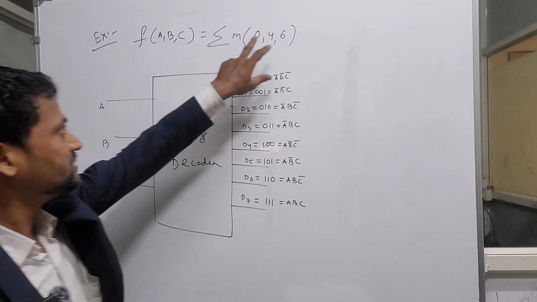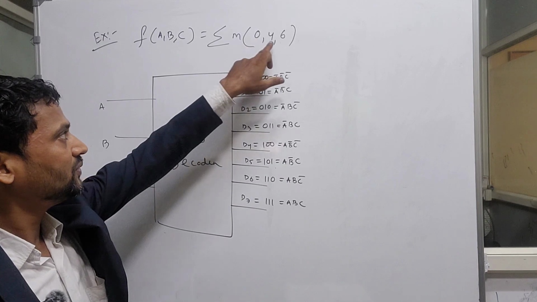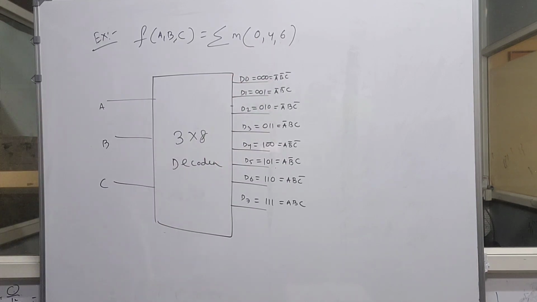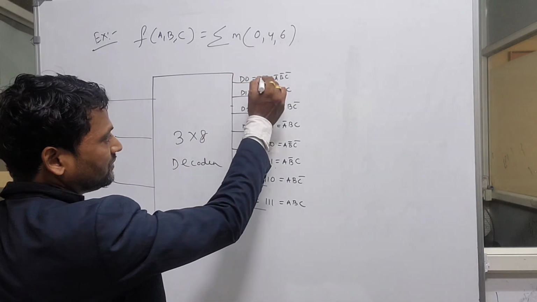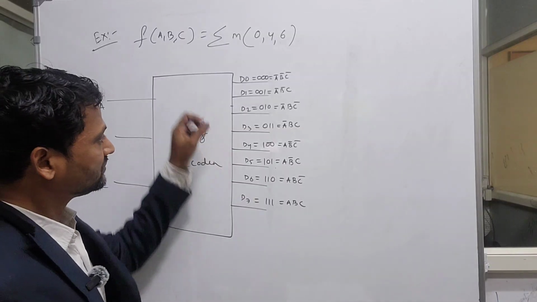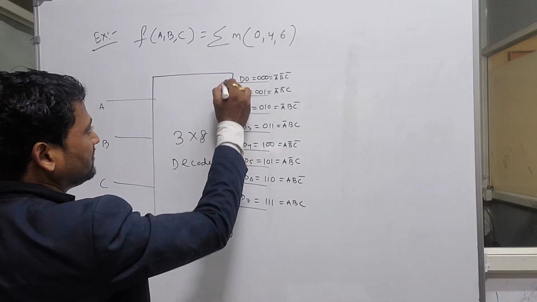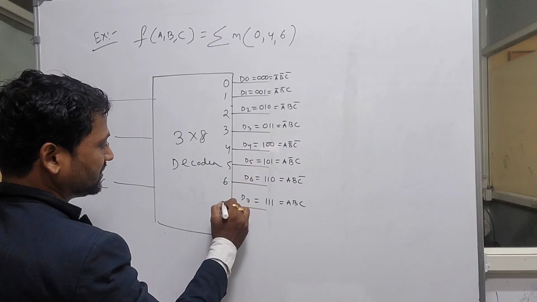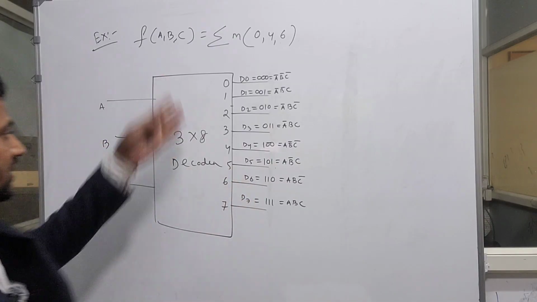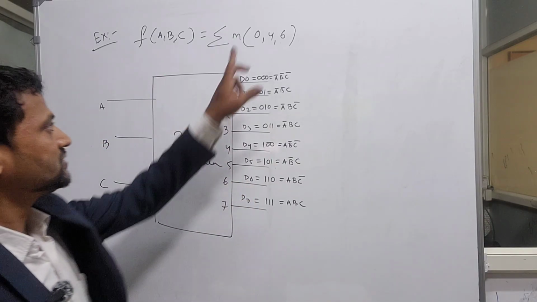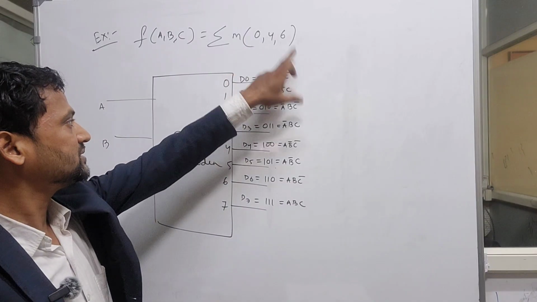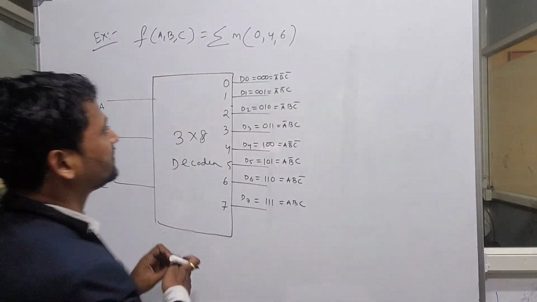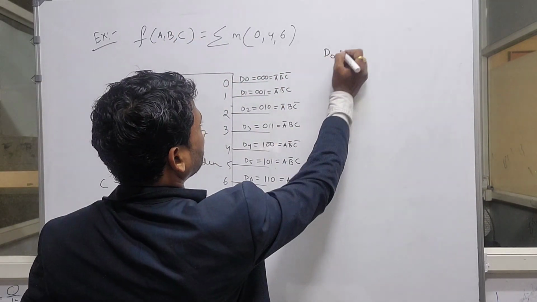So we have to check what the min terms are. The min terms are 0, 4 and 6. Okay. So 0, 0 and this one is 4. Which one is 4? Starting from 0, then 1, 2, 3, 4, 5, 6, 7. So there are 8 values. So which ones will we take? 0, 4 and 6. So 0 means this one is D0.